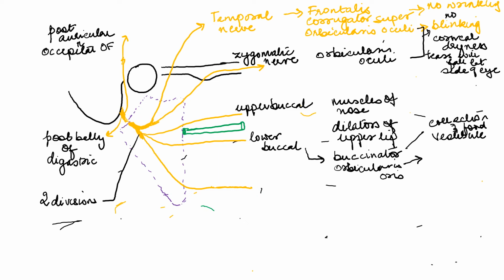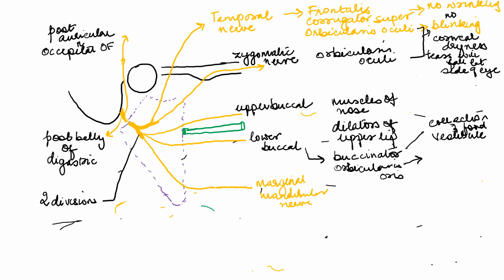This nerve is a branch of the facial nerve. The facial nerve divides into these 5 branches, sometimes uniting and then dividing again, and as a result the arrangement is like a goose foot.